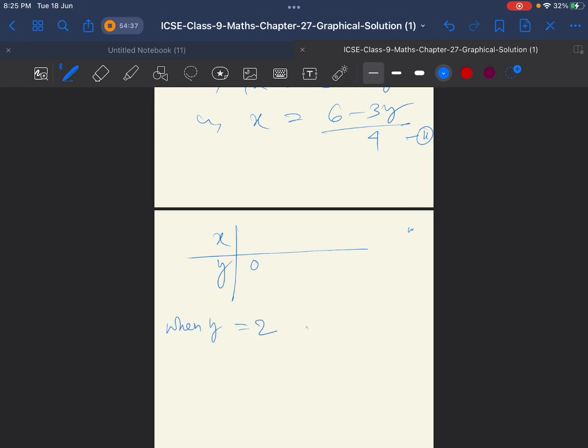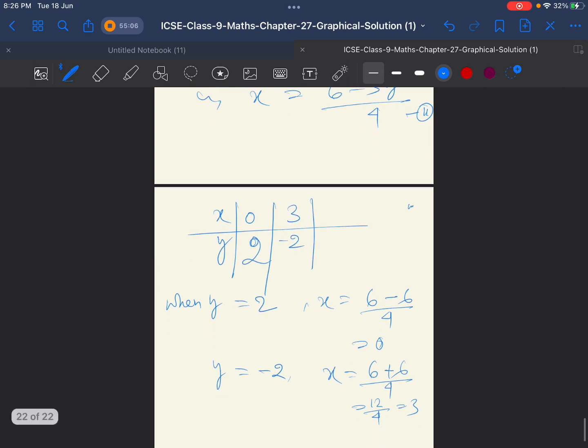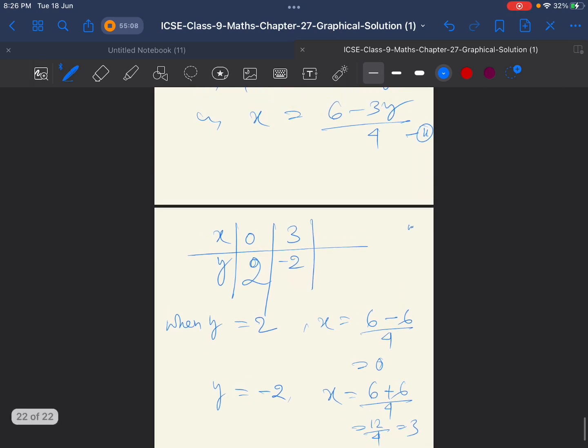So when y equals 2, then x equals (6 minus 6) by 4, x is 0. When y equals minus 2, then x is (6 plus 6) by 4, 12 by 4, 3. So at y equals minus 2, x is 3.